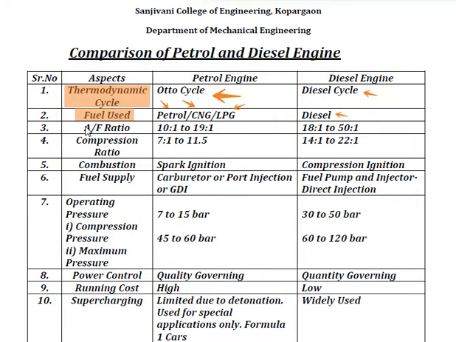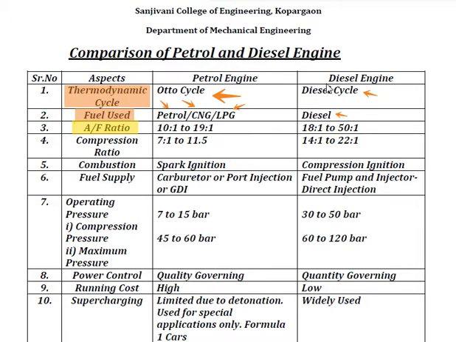The next point of comparison is the air fuel ratio. The air fuel ratio range for a petrol engine is 10:1 to 19:1. So 10:1 is a rich mixture, and 19:1 is the lean mixture.